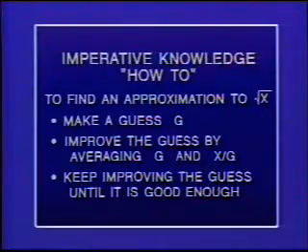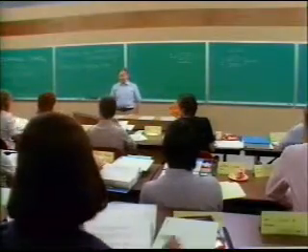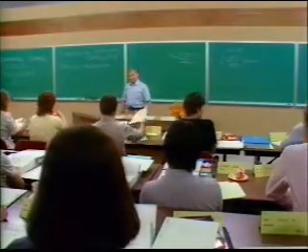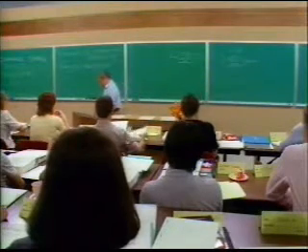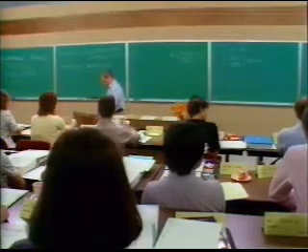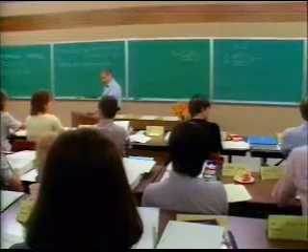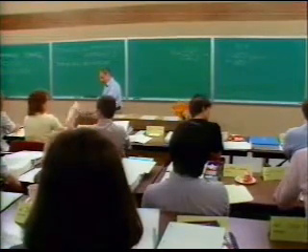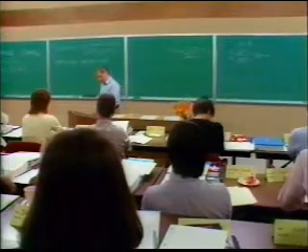Now that's a particular case of another kind of strategy for finding a fixed point of something. See, a fixed point of a function f is a value y such that f of y equals y.